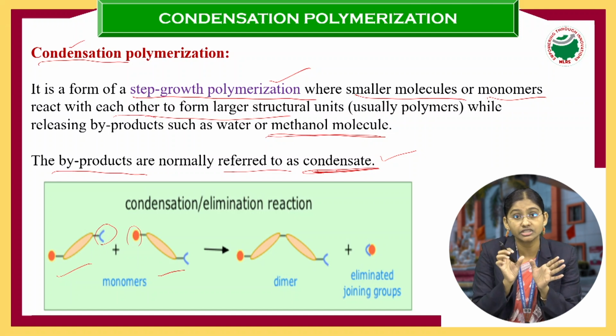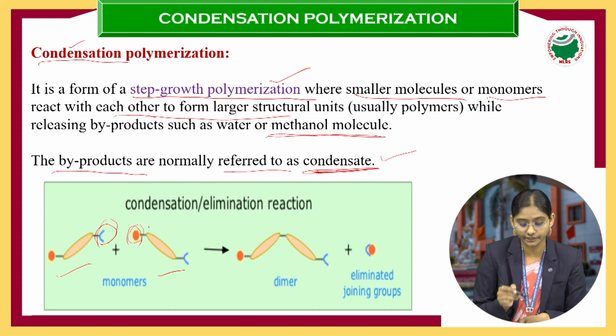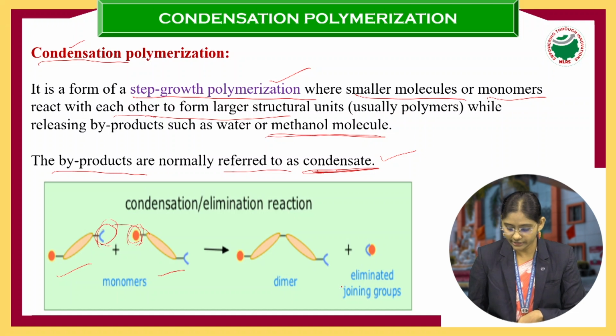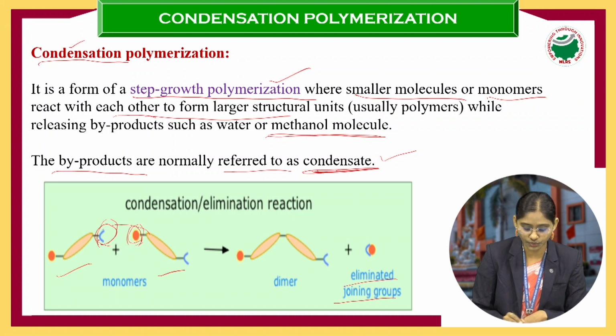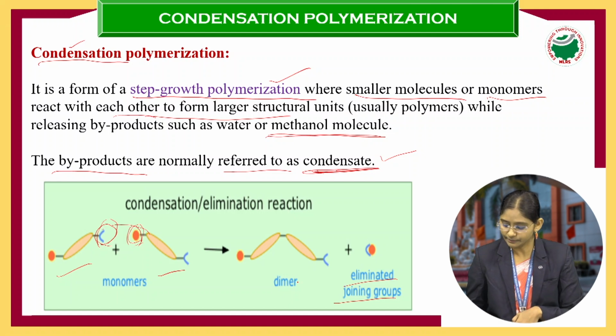When the atoms which are blocking the linkage get eliminated, the two monomers come and link with each other. These are the eliminated or joining groups, and then the two combine and form a dimer, that is the polymer.